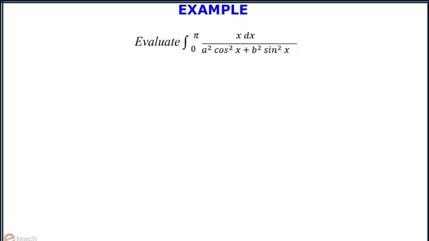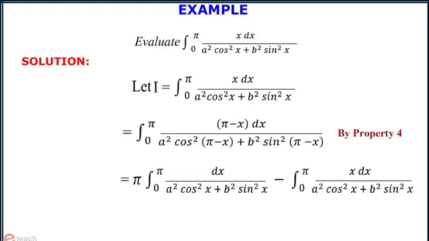Evaluate integration 0 to pi x dx divided by a square cos square x plus b square sin square x. Now by using property 4, we replace x by pi minus x and then break the integral into two parts.